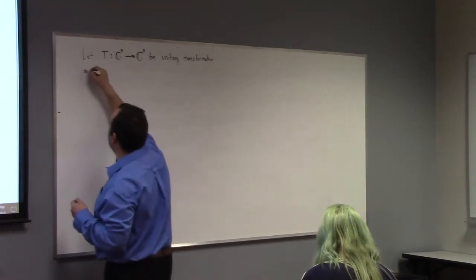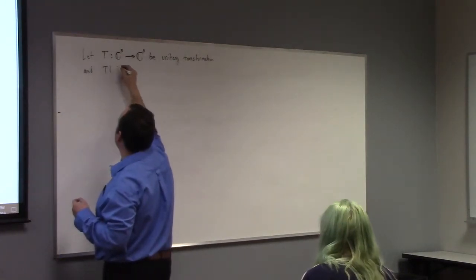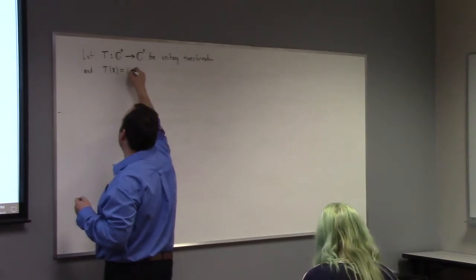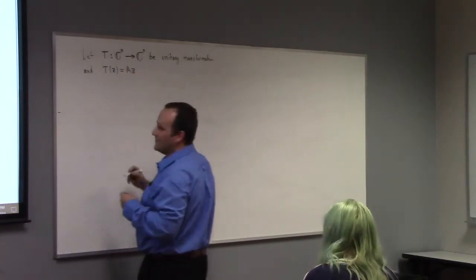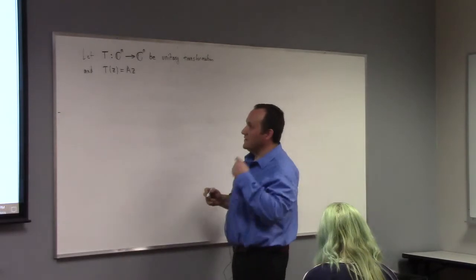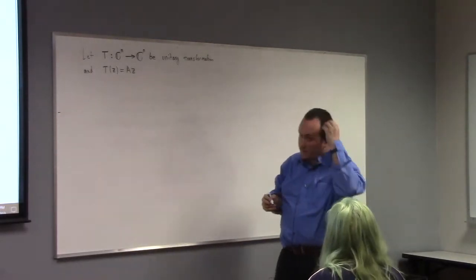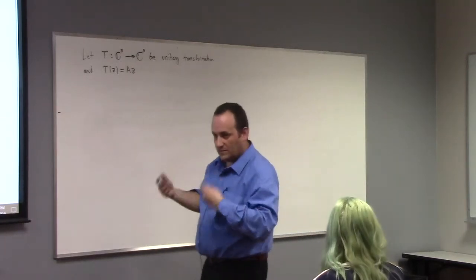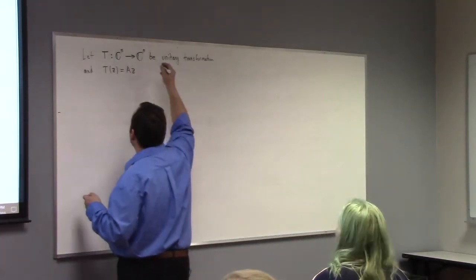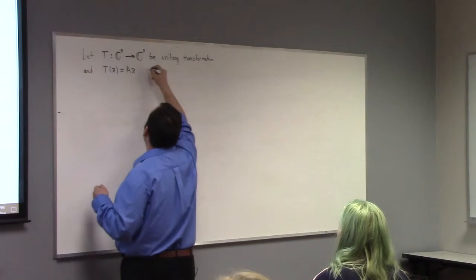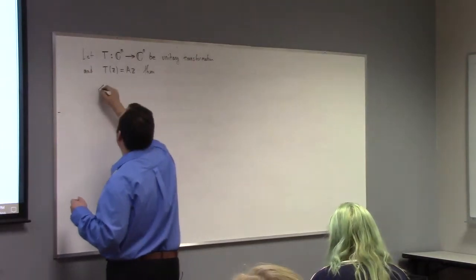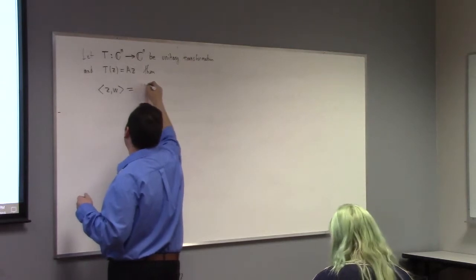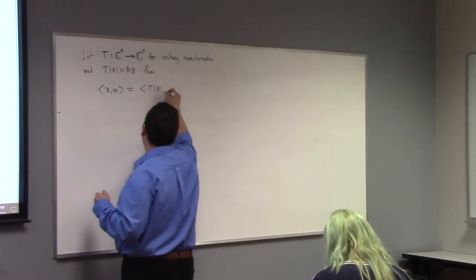And let's let T of Z, I'll use Z since it's complex, right? T of Z equals AZ. There you go. Although traditionally a U is used for the matrix of a unitary transformation, but I'll stick with A so that you can see the commonality of the calculation here. All right, so then we have what? The inner product of Z and W is equal to the inner product of T of Z with T of W.